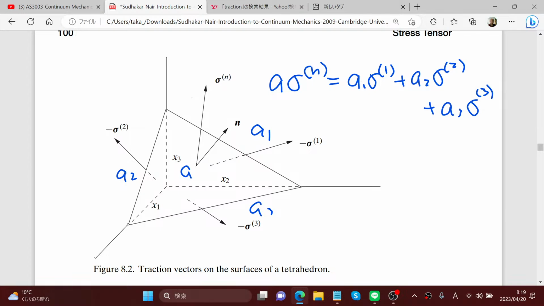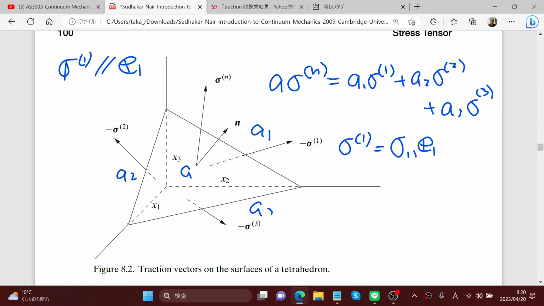This is force balance. The forces are balanced, right? Then what is the sigma 1? Sigma 1 is actually like this. Sigma 1, this is a vector, and it is not parallel to E1.